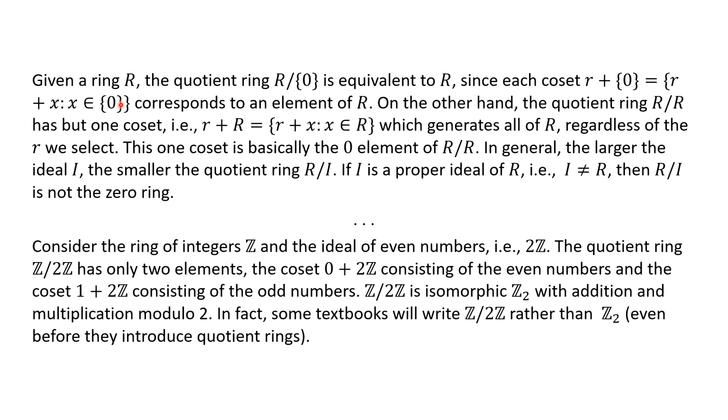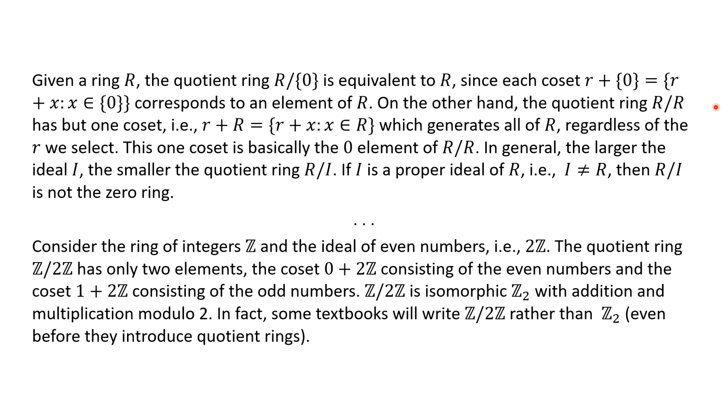In other words, x equals 0 all the time. And that means that for each R, we have a different coset, and that implies that R slash 0 is equivalent to R in terms of the number of cosets.